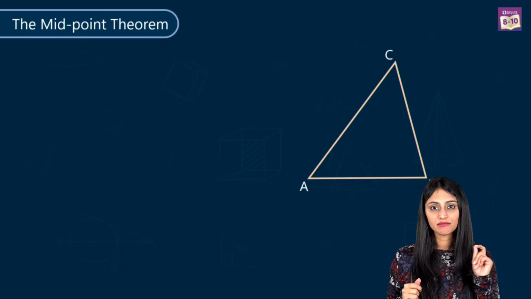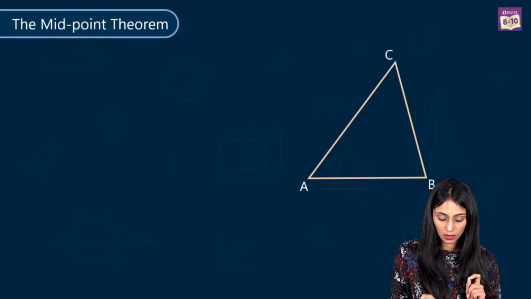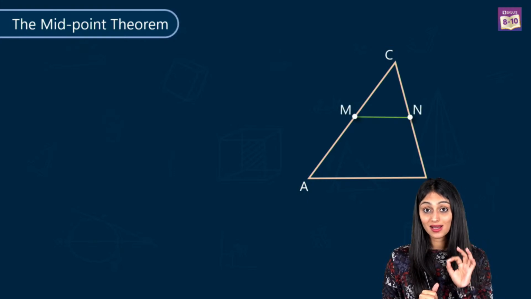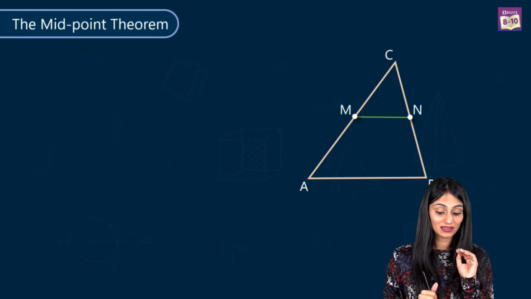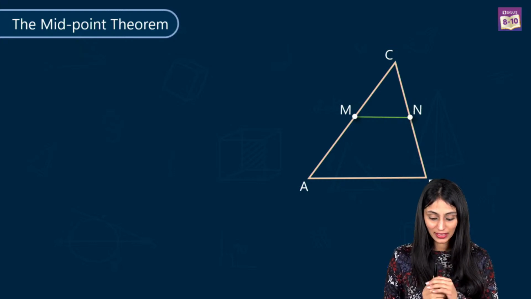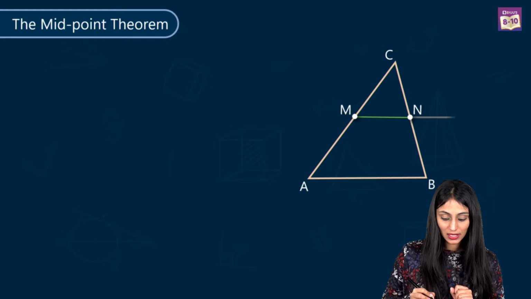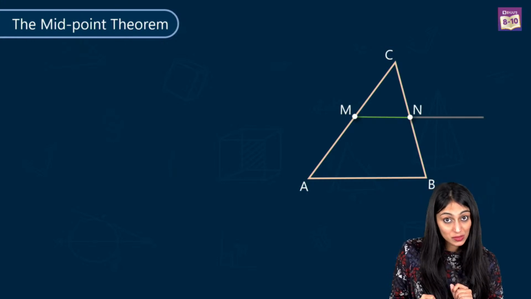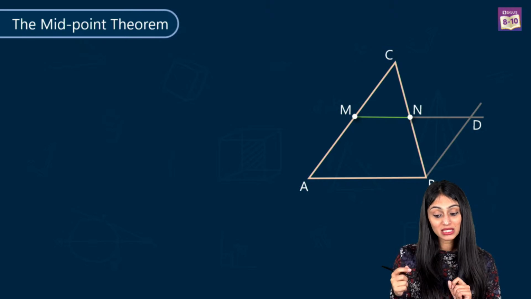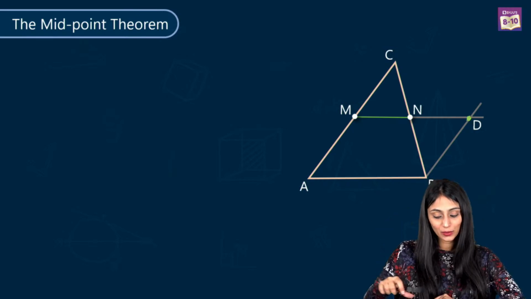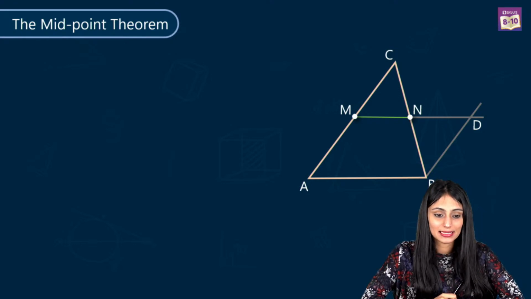Now we will mark the midpoints M and N on the two sides, on AC and BC. These are the midpoints, that means they are dividing these sides into exactly two equal halves. We have joined MN. Now we'll extend this MN and draw a line through B which is parallel to AC, such that it is meeting the other line drawn through M at this point D. You can see that they are meeting at this point D.